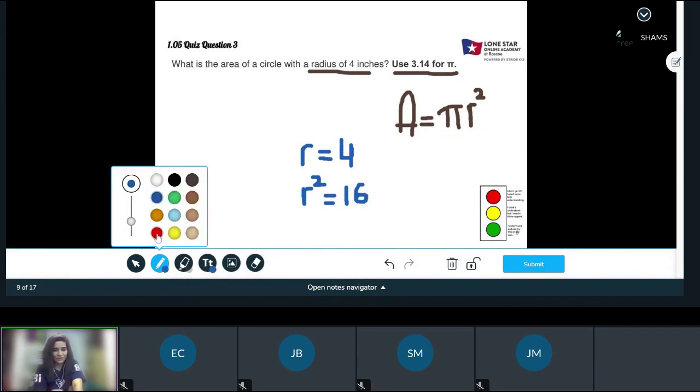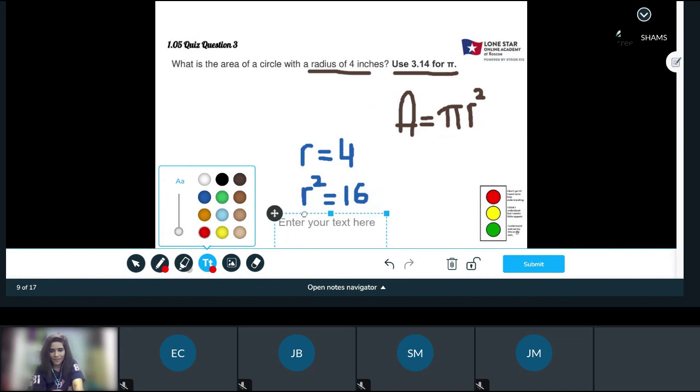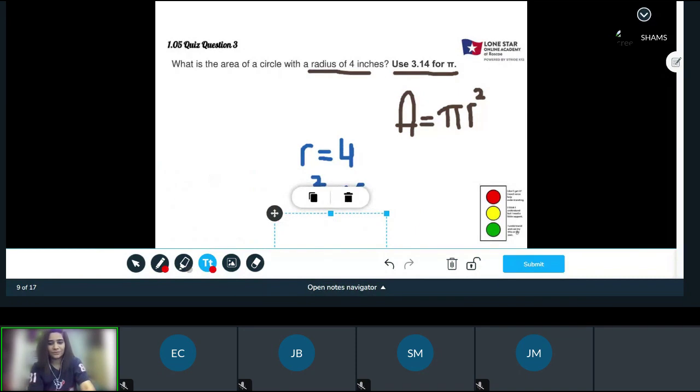Then when you were doing the area, you just did A equals 3.14 times 16 and got the answer, 50.24. Same answer. It was not a new question.